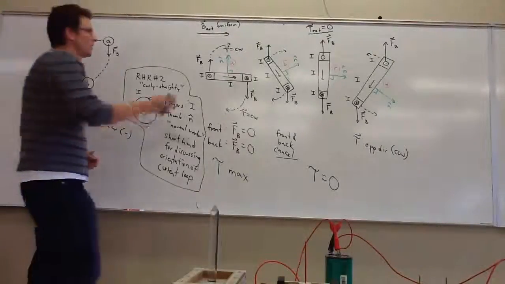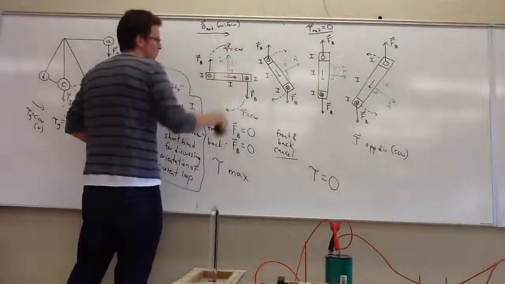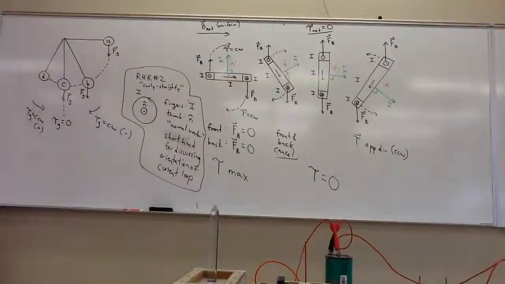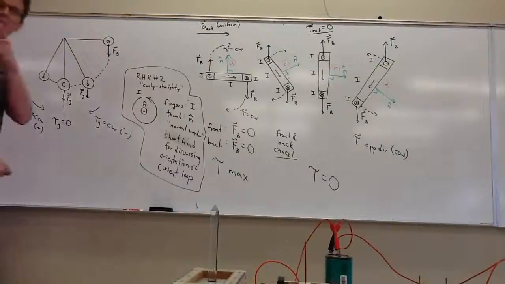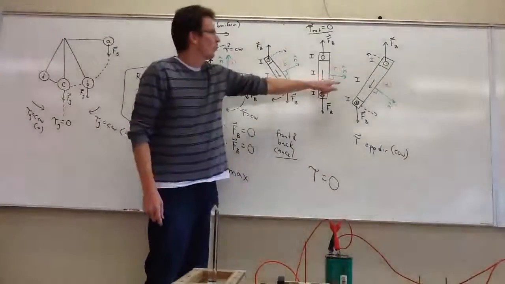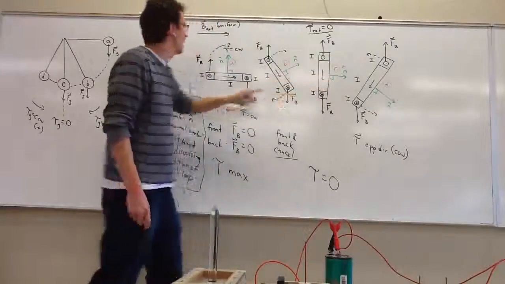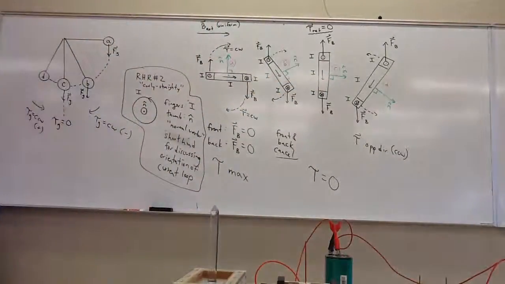The normal vector is a stand-in for all this stuff, so we could really erase the current loop at this point. How does the normal vector seem to want to go relative to the magnetic field? What's its preferred location or preferred orientation? What's that? That's right. When the net torque is 0, the normal vector points in the same direction as the magnetic field.